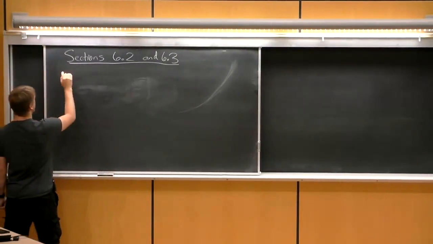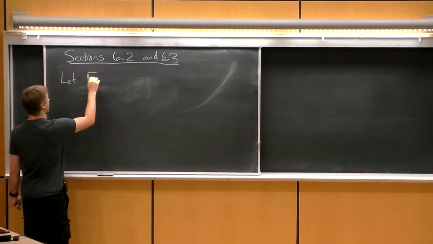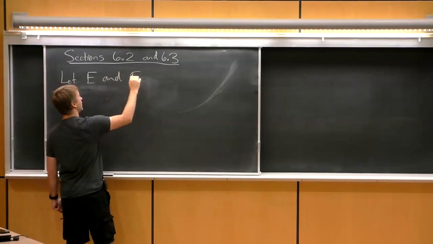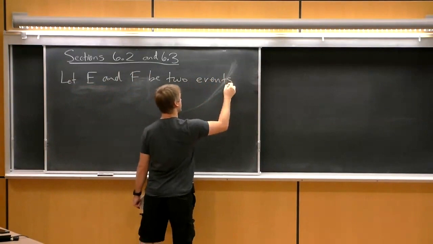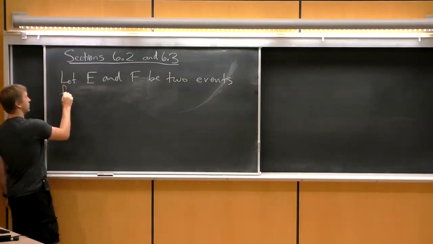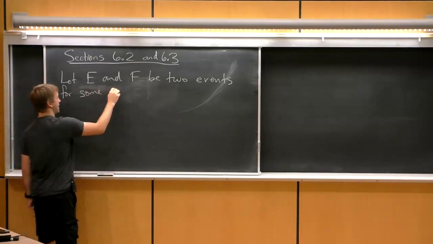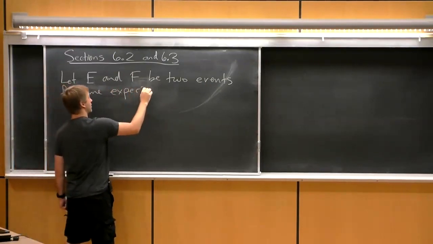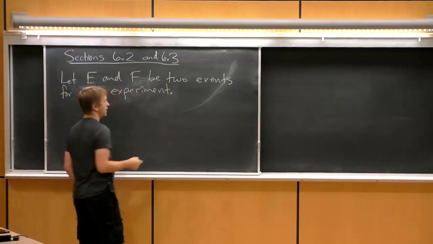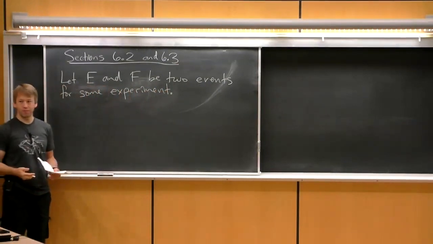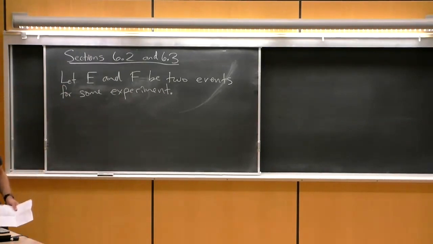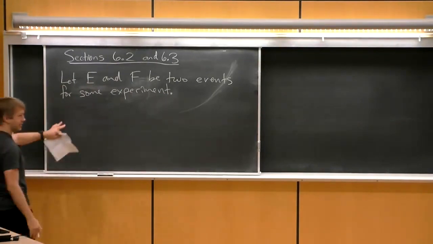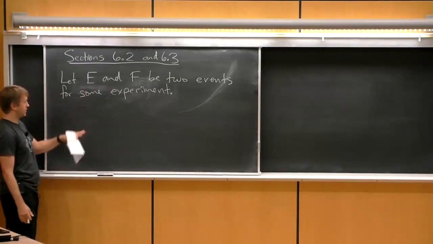So let E and F be two events for some experiment. And for this problem, the actual experiment isn't going to matter. It doesn't really matter how we generate these events, it's just for some experiment.